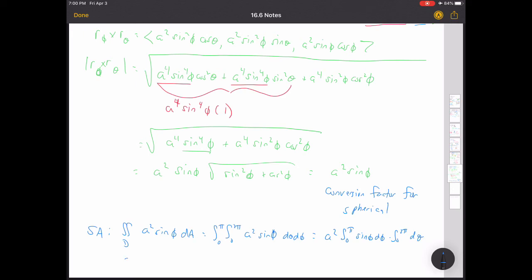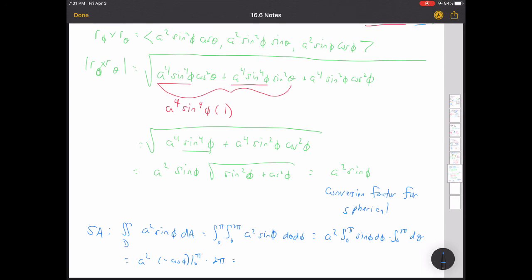So what we're going to get is a squared times the antiderivative of sine, which is negative cosine, evaluated from 0 to pi. And the integral from 0 to 2 pi of d theta, we've done enough times, we know is just 2 pi. So let's go ahead and finish this off.